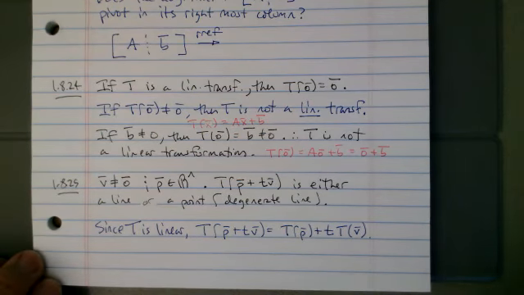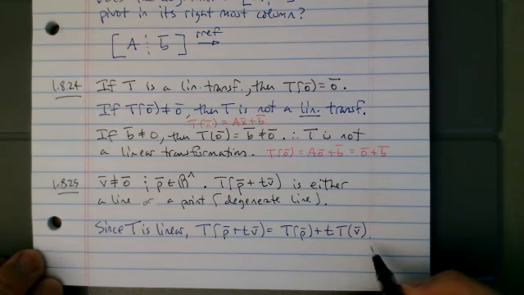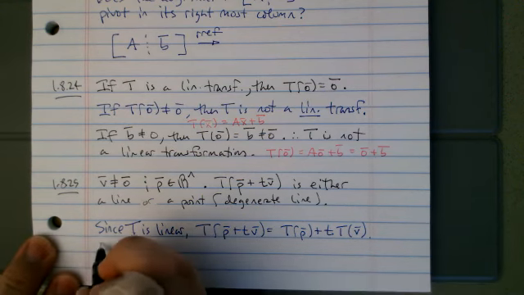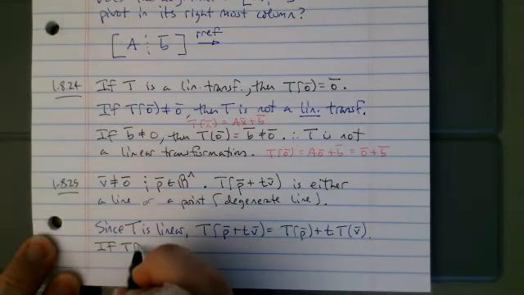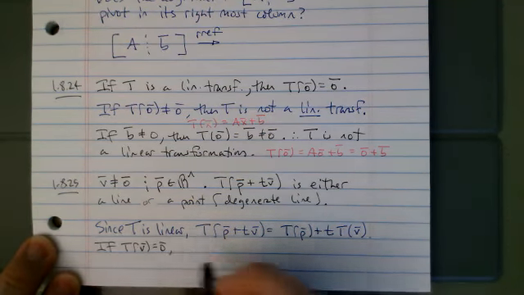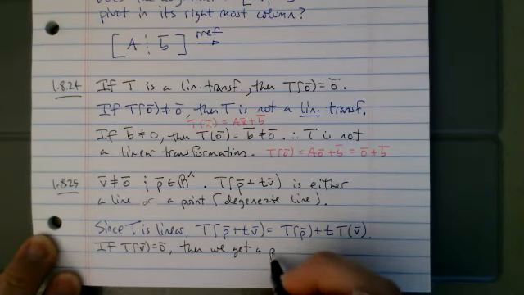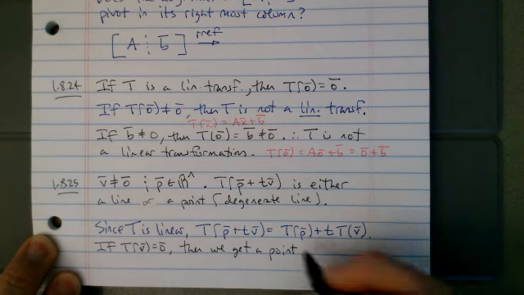So now we have cases. If T of v is 0, then the image is a point, specifically T of p.